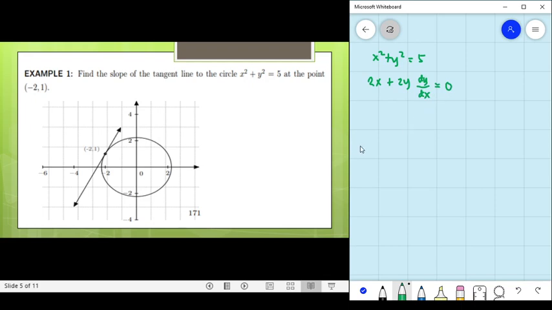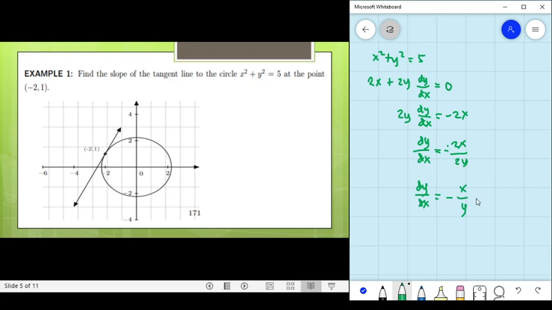After that, we are now going to solve for dy over dx. So we have 2y times dy over dx, which is equal to -2x. So dividing both sides by 2y, dy over dx is equal to -2x over 2y, which means dy over dx is equivalent to the negative of x over y.